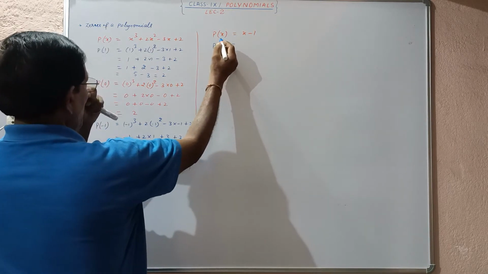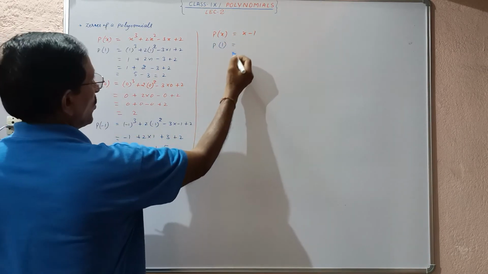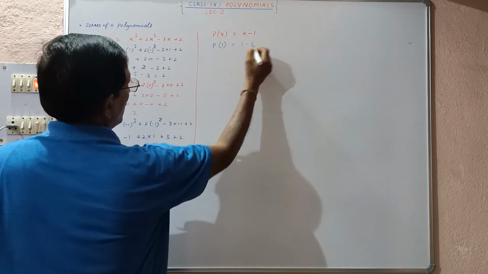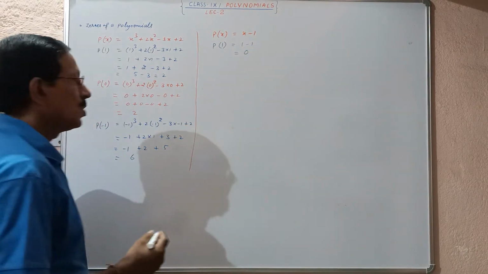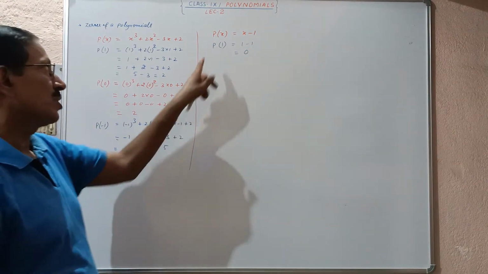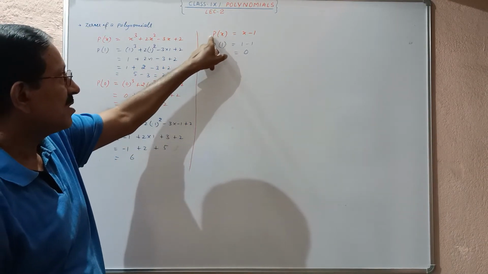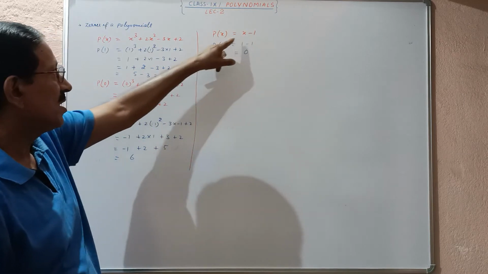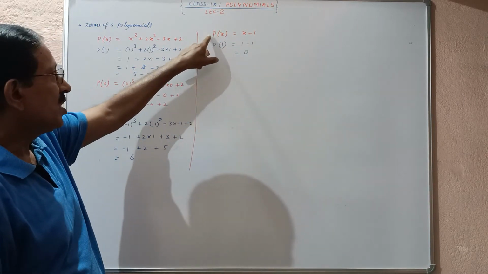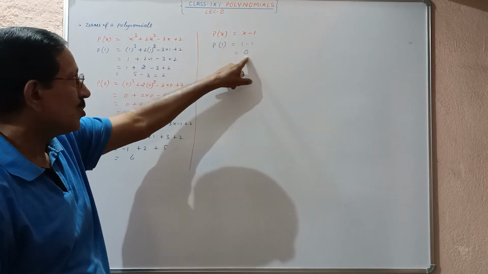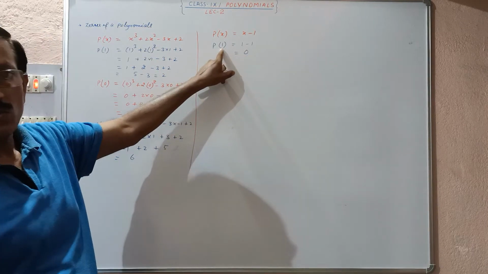In place of x we put x equal to 1, that is 1 minus 1, which is equal to 0. So p(1) equal to 0. That means the value of this p(x), which is another polynomial, x minus 1, a linear polynomial, is 0 at x equal to 1.